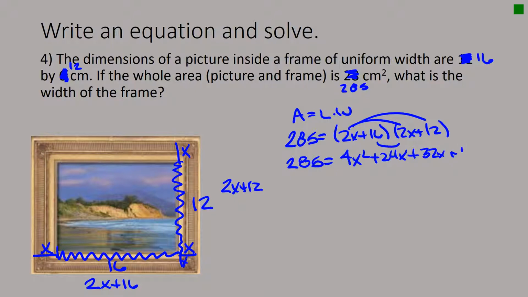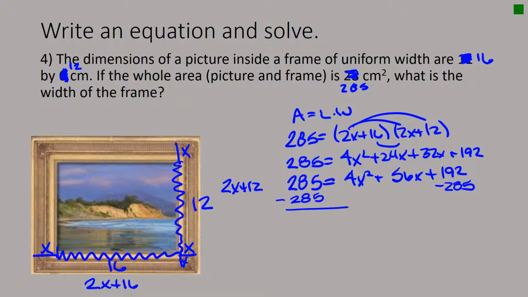Yep, 192. We're going to combine like terms, so 285 equals 4x squared plus 24 plus 32 is 56x plus 192. We're going to subtract 285, because remember when you do the quadratic formula, you got to have it equal to 0.